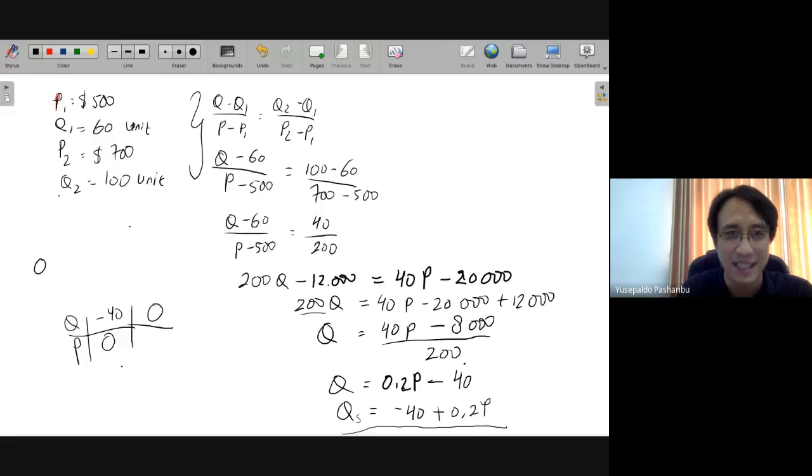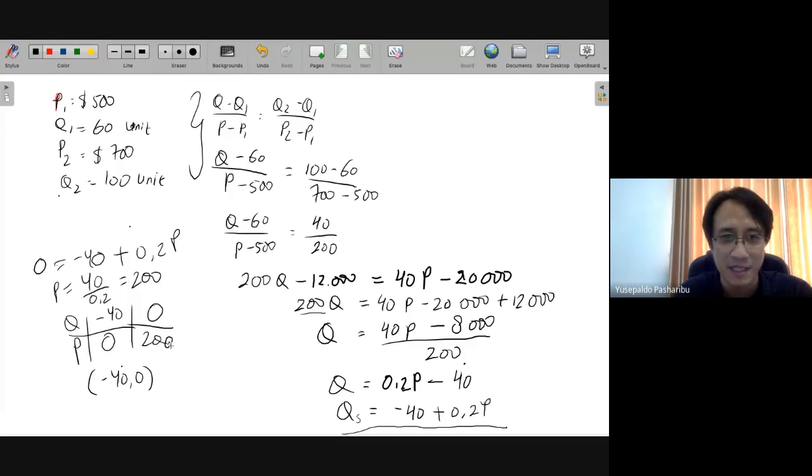And if the quantity is 0, then 0 equals minus 40 plus 0.2P, so P equals 40 divided by 0.2 equals 200. So we have two coordinates: the first one is minus 40, 0, and the second one is 0, 200.